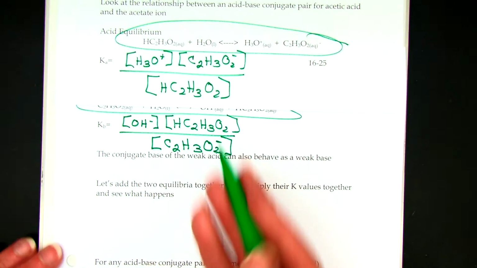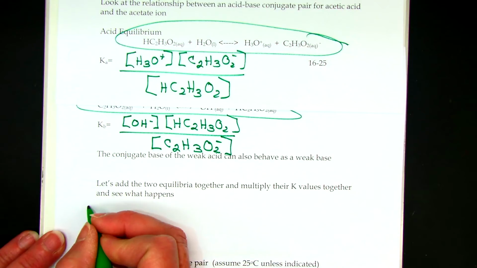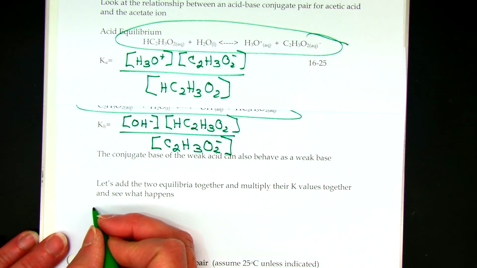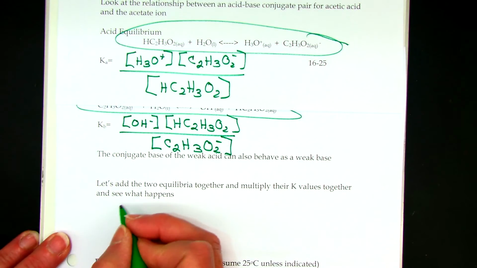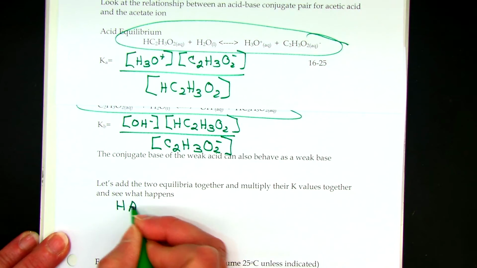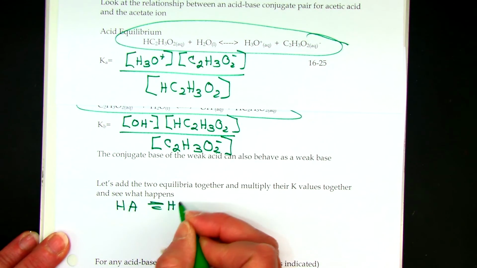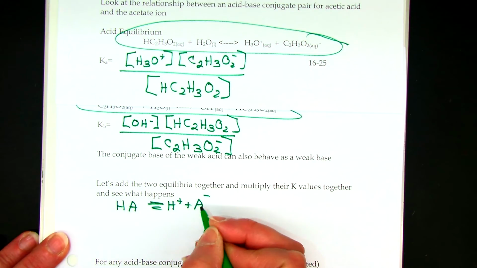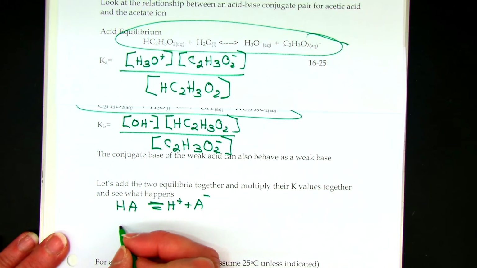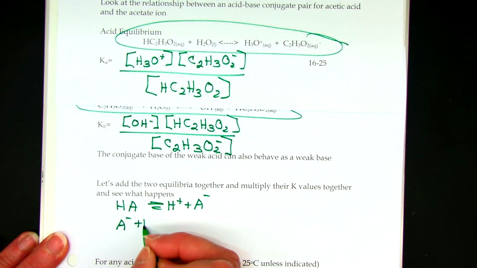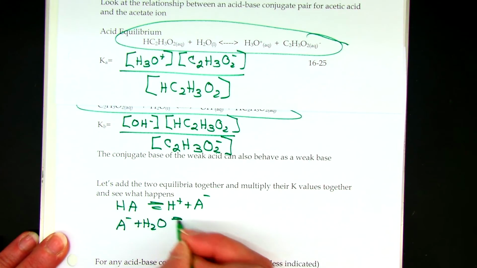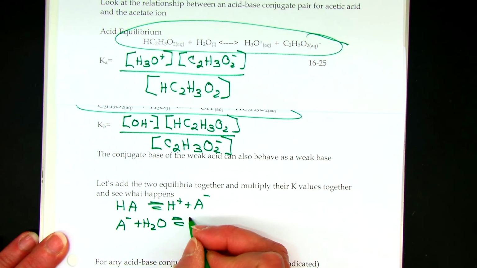So if I take the acid equilibrium, do you care if I just call this HA now to make it easier to write? Okay. So we have the first one, HA is in equilibrium with H plus and A minus. And we have the second one, A minus plus water is in equilibrium.